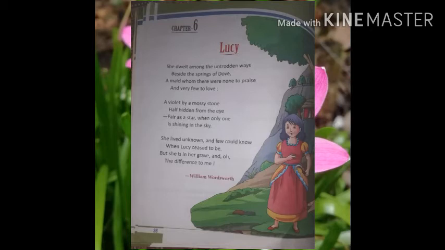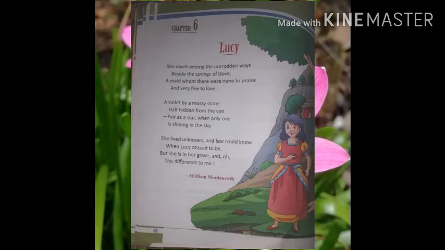Now come to the second line, beside the springs of Dove. Dove means a bird, but here Dove is the name of a river. Beside the springs of Dove means at the side of river Dove. A maid, maid means girl. A maid whom there were none to praise.